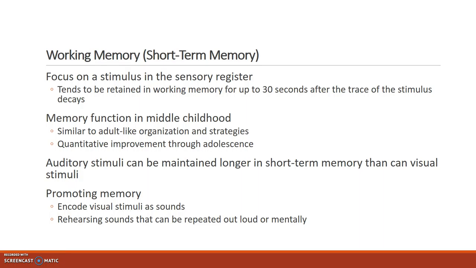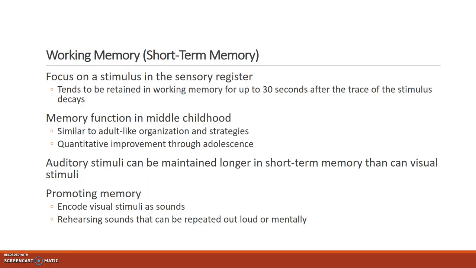All right, so we have to pay attention, and in this stage, after the sensory register, the working memory works on those memories. It helps us move whatever we're getting from that sensory register then to long-term memory. So ways we can help do that is through what's called encoding. We can encode visual stimuli as sounds.